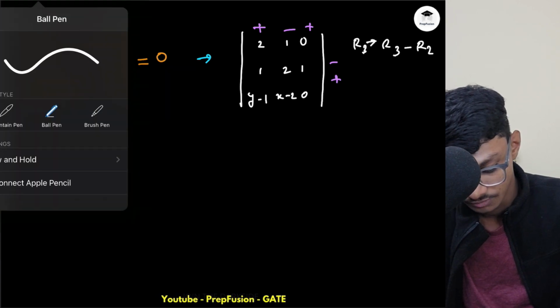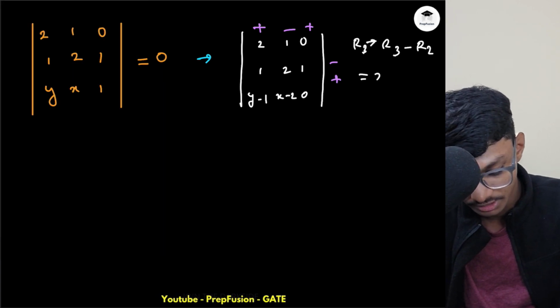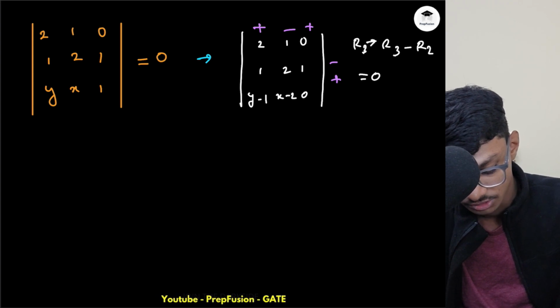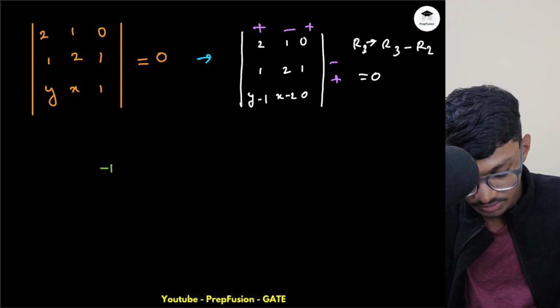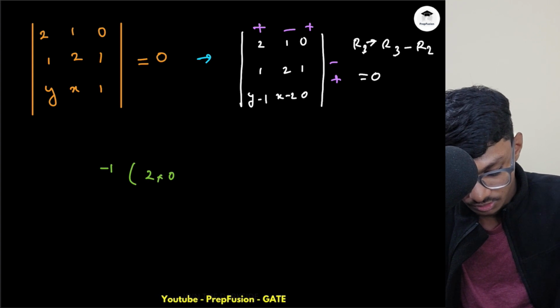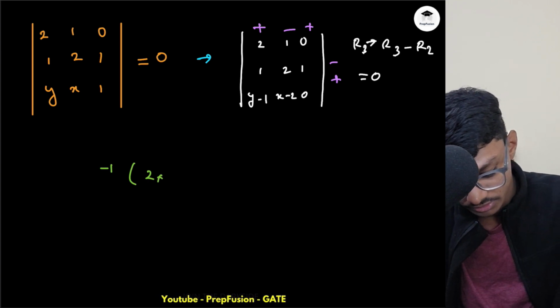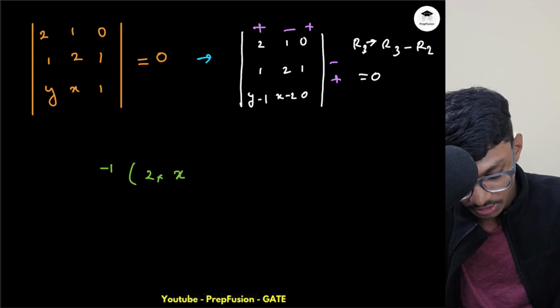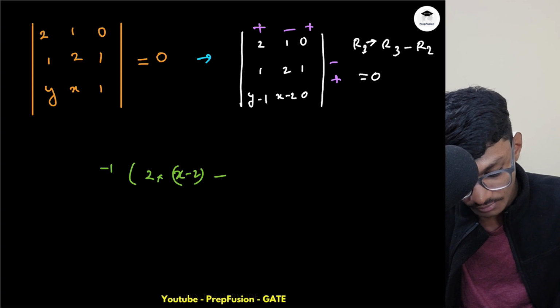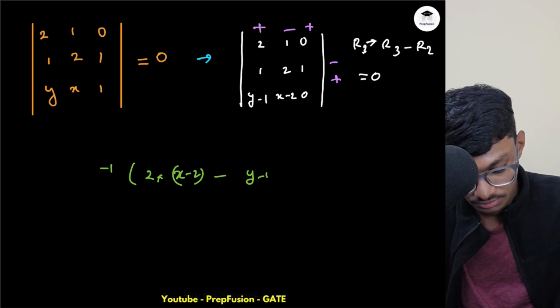Now this determinant they have given us equals 0, so we'll compute this. This will be simply minus 1 times 2 times 0, wait, not 2 times 0, sorry, minus 1 times 2 times (x minus 2) minus (y minus 1) into 1.